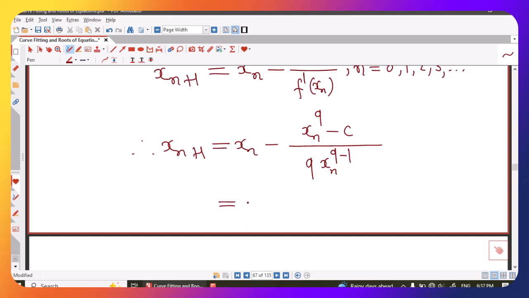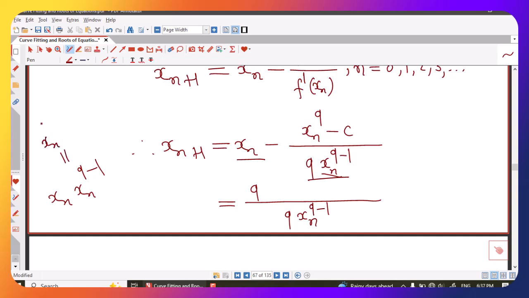Now we rewrite this, we consider this as the LCM, q times xn raised to q minus 1, and we multiply these two. So we will have q times xn raised to q minus 1. If I multiply these two, this is going to be xn to the power 1 plus q minus 1.